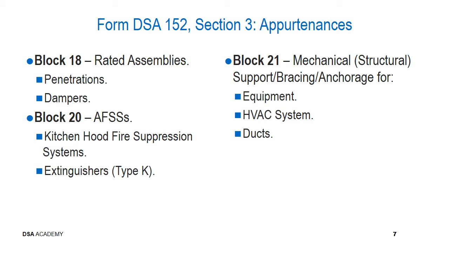These are type K fire extinguishers for any type of fire suppression system which is installed to extinguish grease type fires. Block 21 is titled Mechanical Structural, primarily set aside for support, bracing, and anchorage for a variety of mechanical equipment or HVAC system components, and also ductwork.